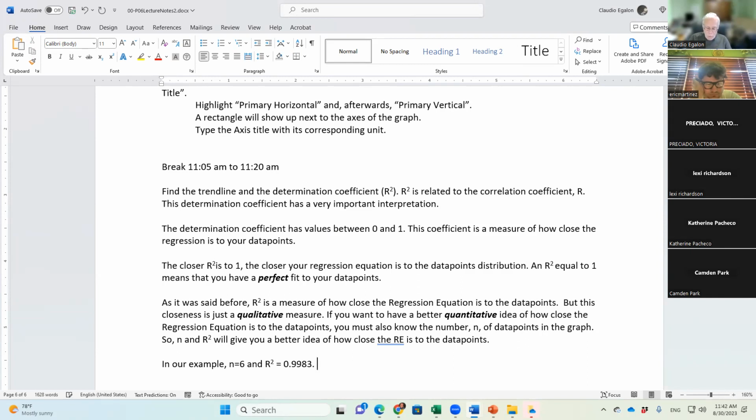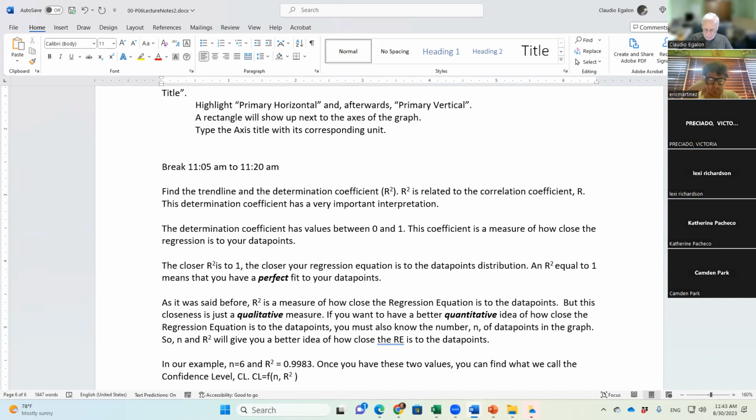Okay. Once you have these two values, you can find what we call the confidence level, or CL. Whereas CL is a function of n and R squared.